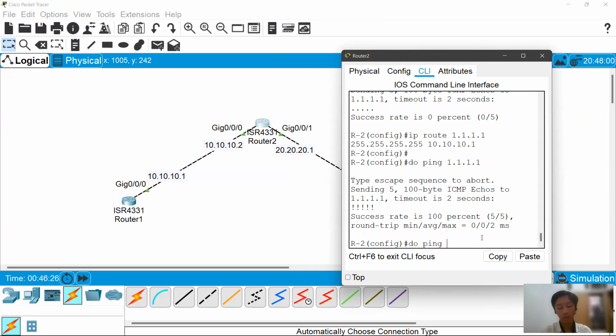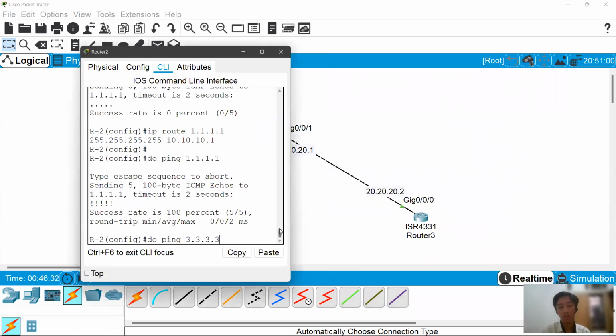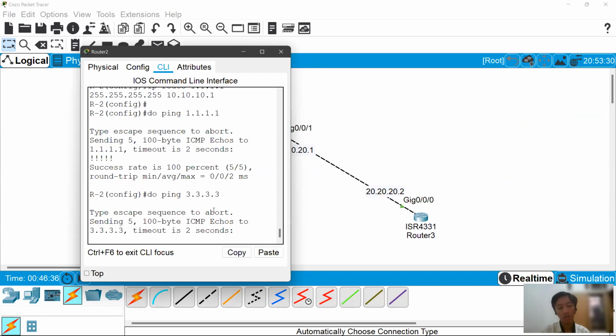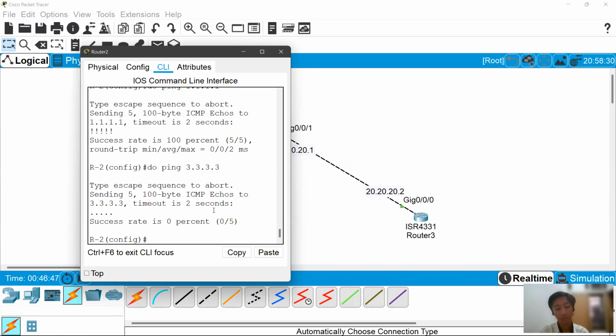And this one, we check the ping to loopback 3. We cannot, because we haven't put the static IP route to the loopback of router 3.